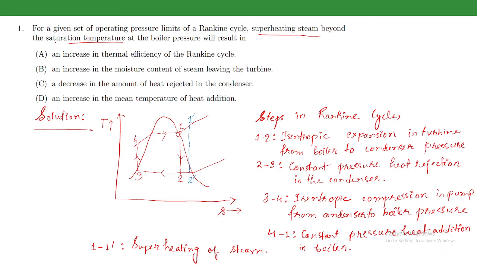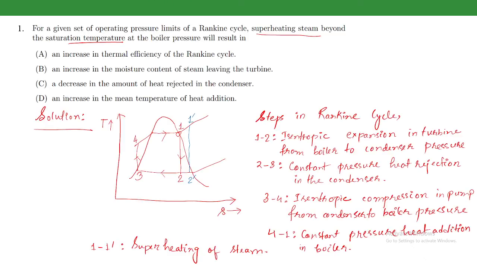The option given is an increase in the thermal efficiency of the Rankine cycle. So let us see whether, due to this superheating, the efficiency of the Rankine cycle is increasing or decreasing.